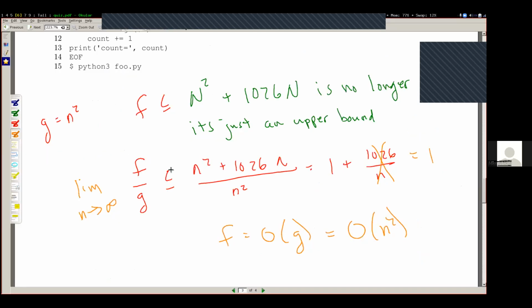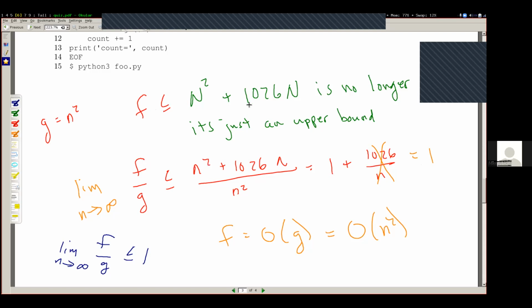At this point, though, if we basically remove all of this stuff in the middle, then you get the limit as n goes to infinity of f over g is less than or equal to 1. And this thing in blue is the only thing that we have actually shown at this point, that it's less than or equal to 1. We did get the number 1 at the end. 1 is greater than 0, but all we have is this upper bound. All we can say is that f is less than or equal to this thing.